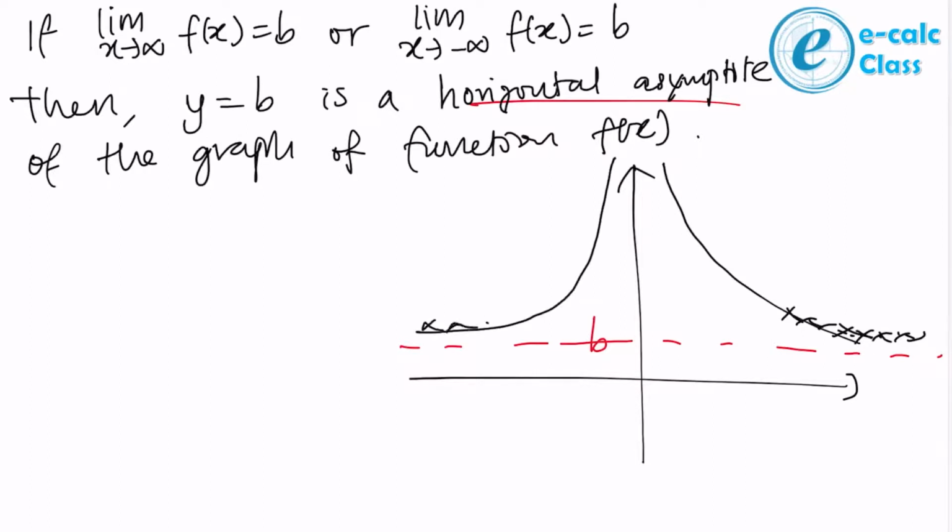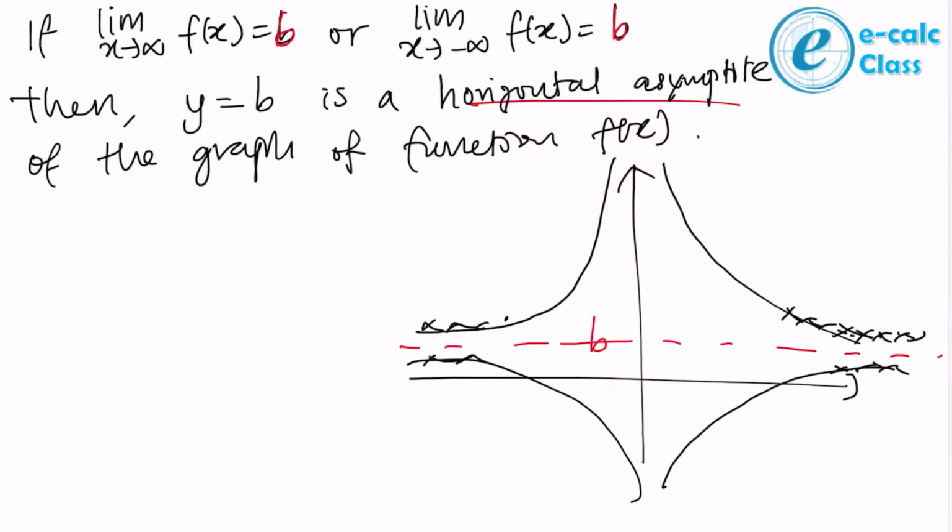From top or from bottom also can. As long as the value when you take the limit to infinity converges to one value, this particular value b, then we say that y equals b is a horizontal asymptote.